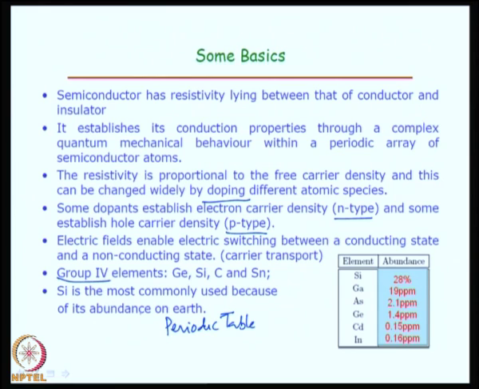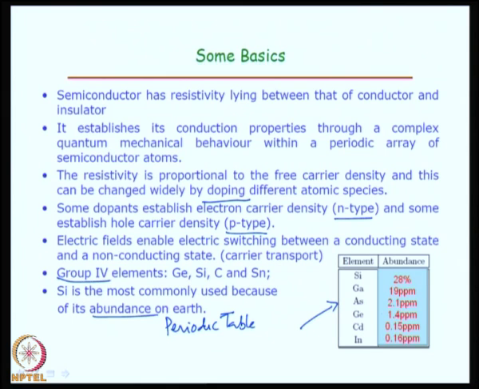Silicon is the most commonly used material for semiconductors, and it is also abundant on earth. If you look at this table here, silicon abundance is very large, almost 28%, whereas other materials like gallium, arsenic, germanium, cadmium, indium are very low.